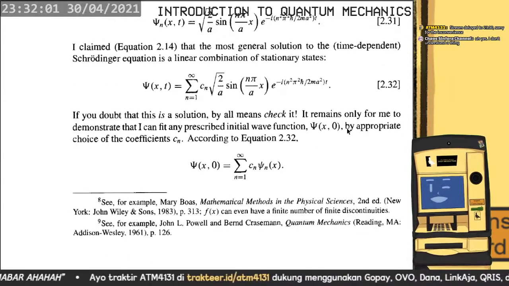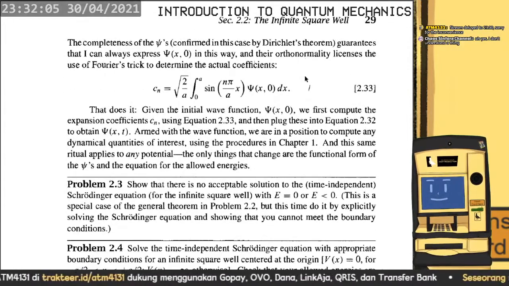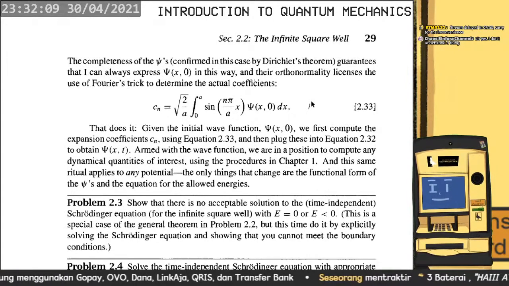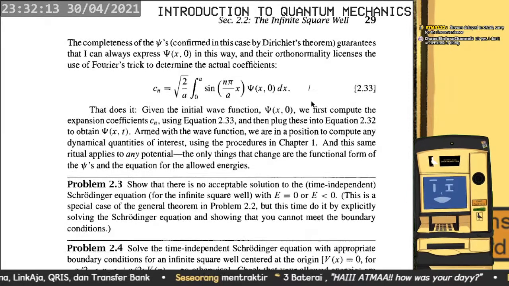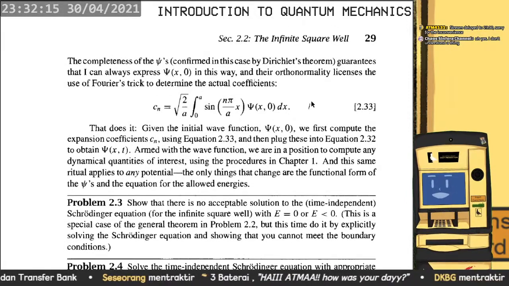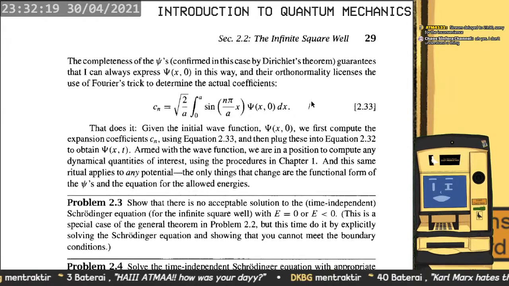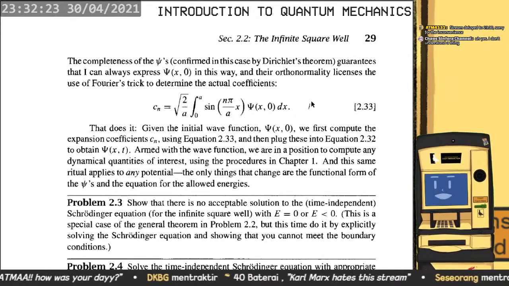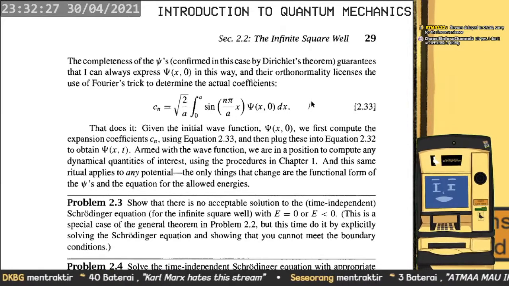According to equation 2.22, the completeness of the ψn, confirmed in this case by the Dirichlet theorem, guarantees that I can always express Ψ(x,0) in this way, and their orthonormality licensed the use of Fourier's trick to determine the actual coefficients.